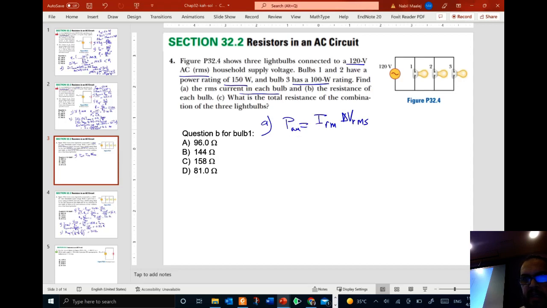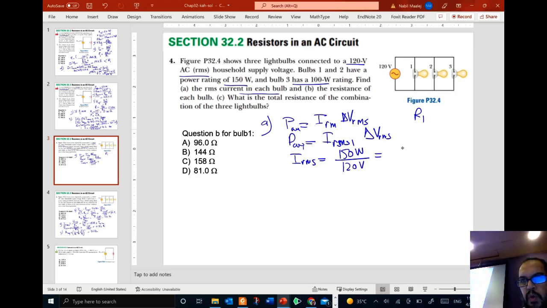Since we have the power rating, let's take bulb 1. For bulb 1 we have P average 1 equals I RMS 1 times delta V RMS, which is given, so I can get I RMS 1, which is P average, 150 watts, divided by delta V RMS, which is 120 volts. So this is the current for 1, which is also equal to the current of 2, because they have the same power rating.